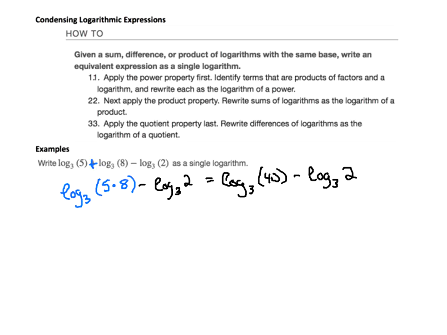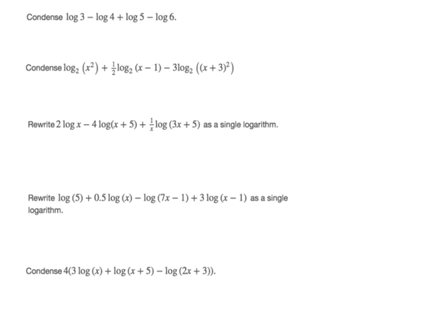And now I'm going to take care of this subtraction by changing that back into division. So this is log base 3 of 40 over 2, which is finally equal to log base 3 of 20. So I packed it back into one logarithm with a coefficient of 1. That is condensing, so it's going in the exact opposite direction as expanding.